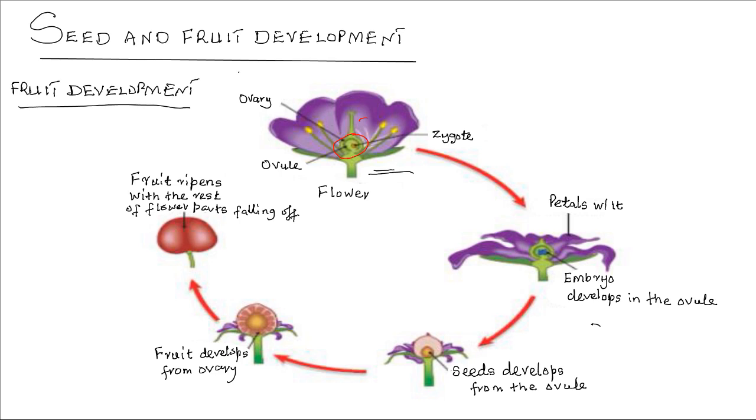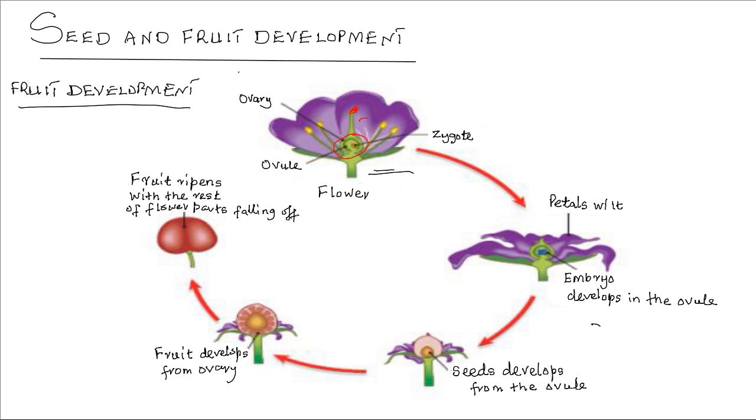The pollination process triggers off hormonal changes that cause the ovary to grow tremendously. So, once pollination has taken place, the ovary part of the carpel is stimulated to develop into the fruit.